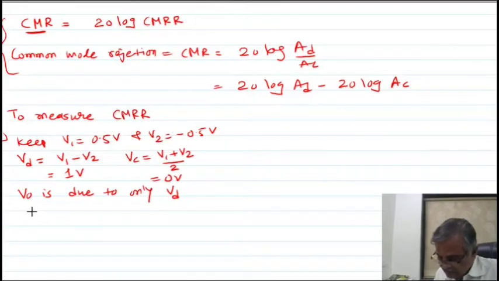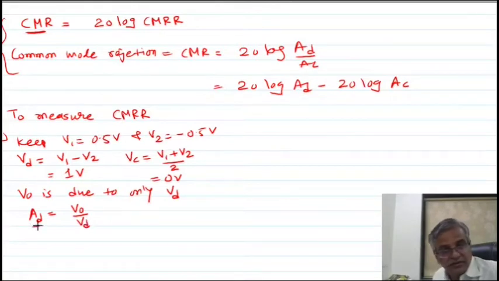As a result, your differential gain is VO by VD. So you can measure your differential gain by measuring the output voltage, keeping V1 at 0.5 and V2 at minus 0.5. So first you find the differential gain.